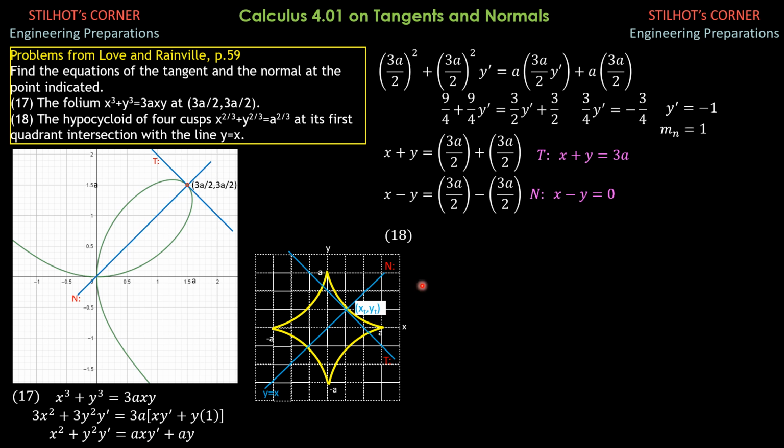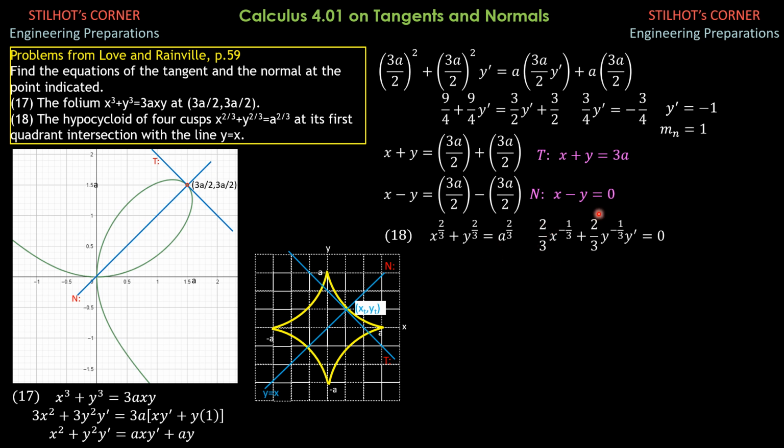So first, let's write the equation of the four-cusp hypocycloid: x to the 2/3 plus y to the 2/3 equals a to the 2/3. Then differentiating: 2/3 x to the negative 1/3 plus 2/3 y to the negative 1/3 times y prime equals the derivative of a to the 2/3, which is 0 because it is constant.